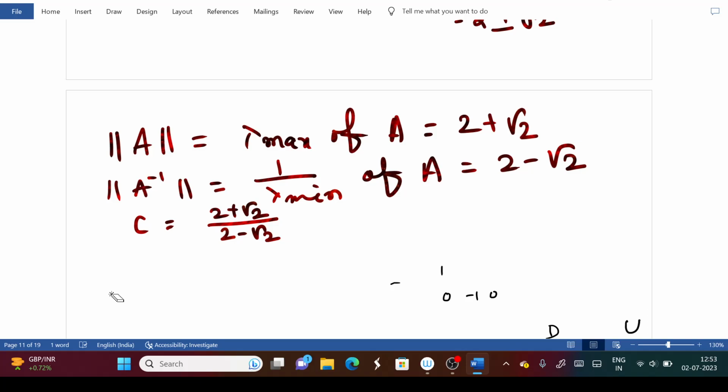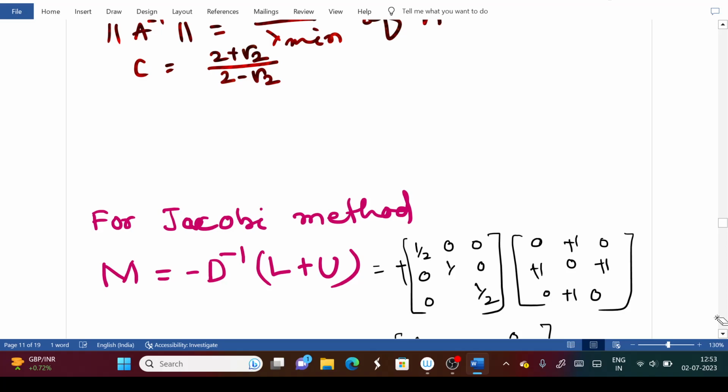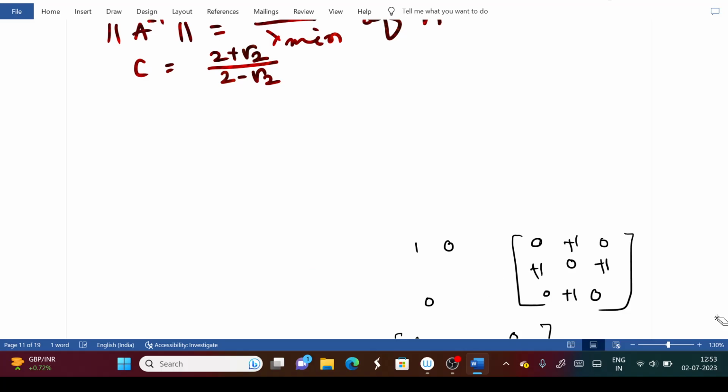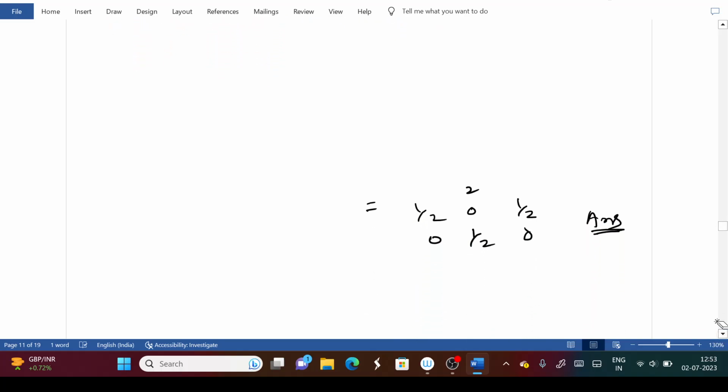In that case, we have to find the eigenvalues of A transpose A, and from their maximum and minimum values, we will find the condition number and norms. Okay, just let me clear it so that we can do a few more problems.